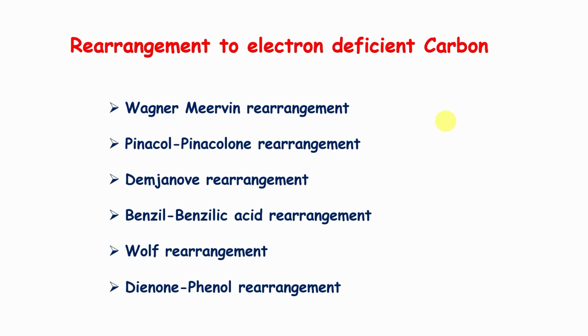You know, the important molecular rearrangements involving rearrangement to electron deficient carbon atoms are Wagner-Meerwein rearrangement, Pinacol-Pinacolone rearrangement, Demjanov rearrangement, benzilic acid rearrangement, Wolff rearrangement, and dienone-phenol rearrangement.